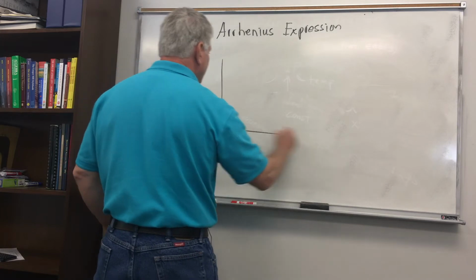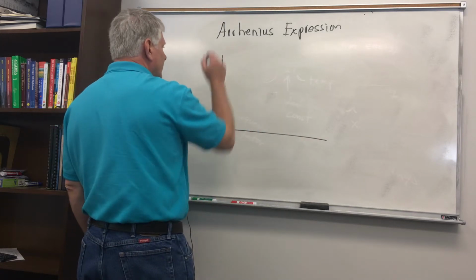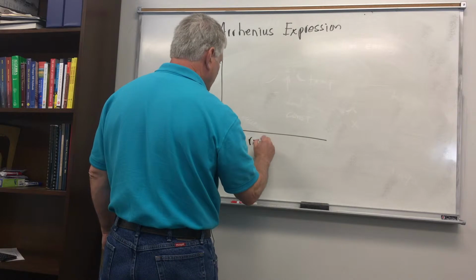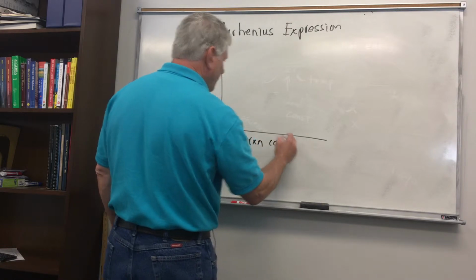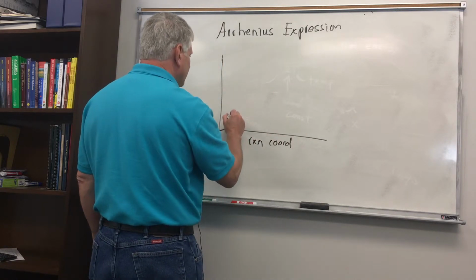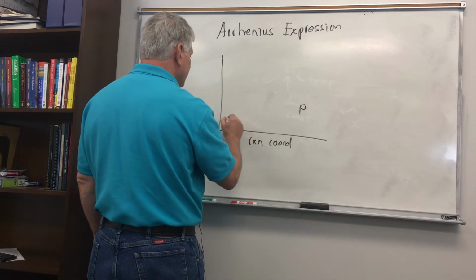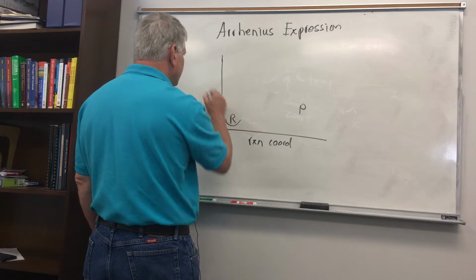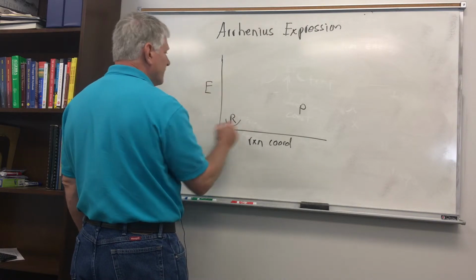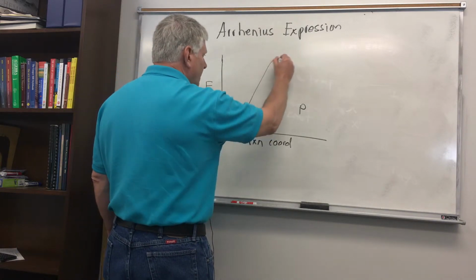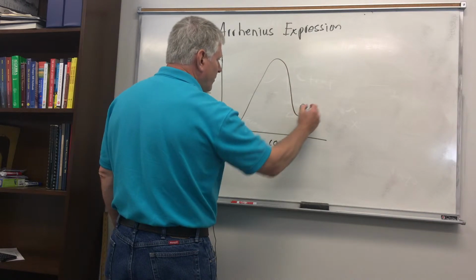So we have the reaction coordinate, and we have, say, reactant and products. This is the energy of the reactant, this is energy on the scale, and this is the energy of our product here.